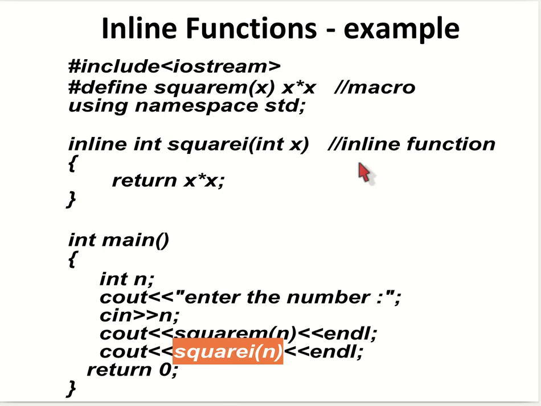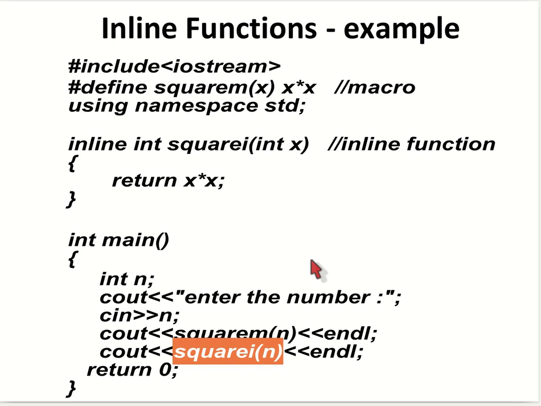If the compiler rejects this request, it will execute just like a normal function. That is, whenever the function call is made, it will jump to the function, execute it and return.